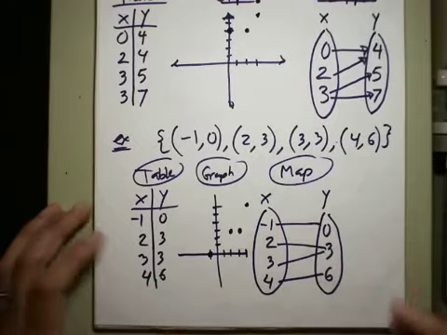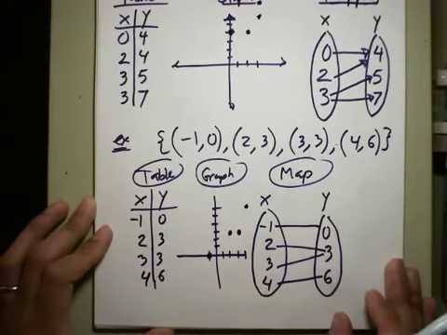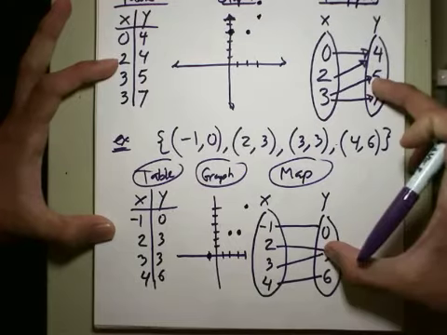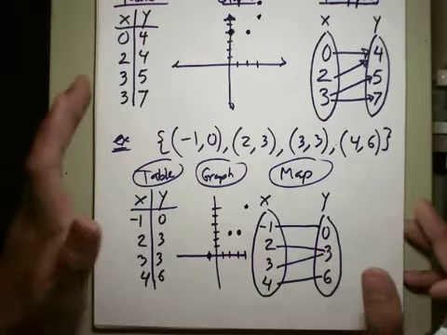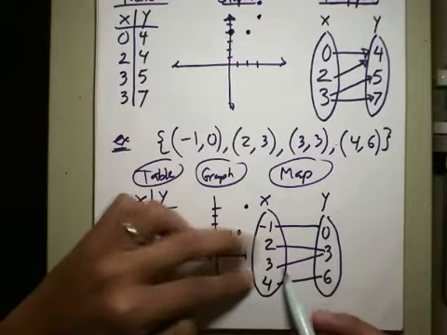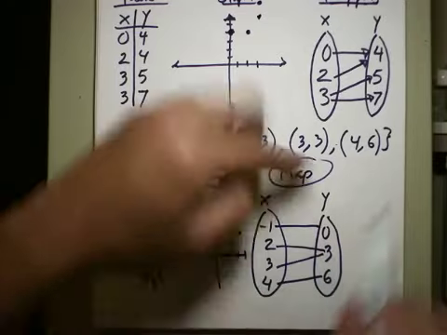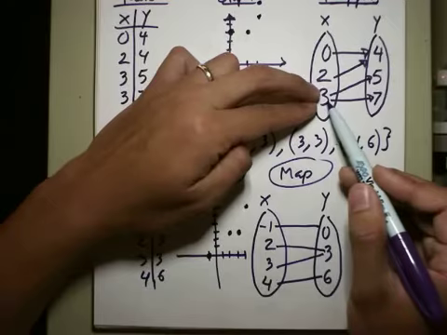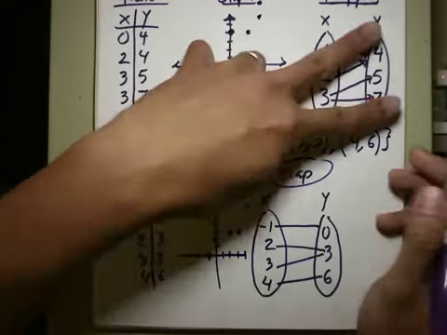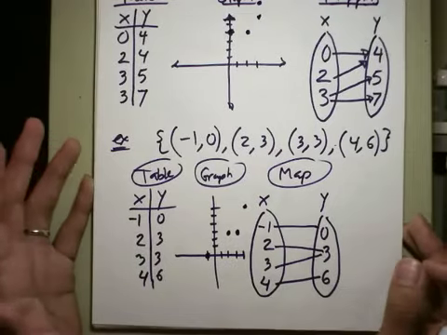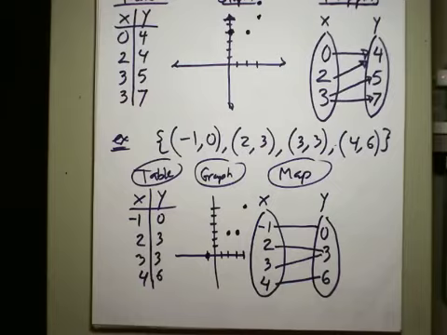Okay, I want you to take a look at this very carefully between the two relations. Notice the difference between the mapping, between the graph. I want you to observe it, please, very carefully. Notice how I have two of my inputs going to the same output versus over here I have one single input giving two different results. So take a look at that, think about it, and then I'm going to talk about the next lesson in the next video. Okay, I'm going to wrap it up right here.